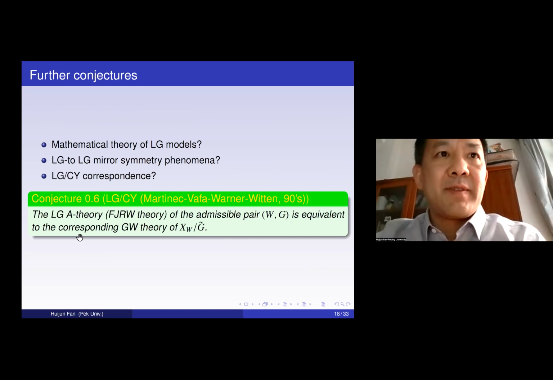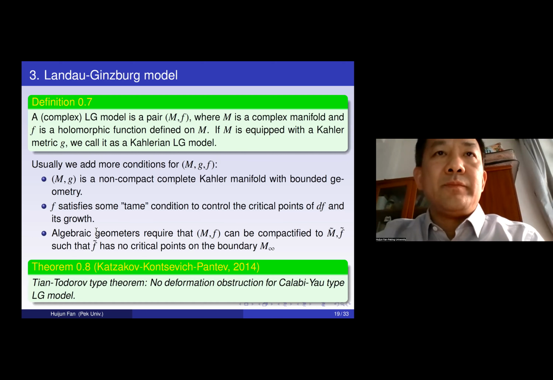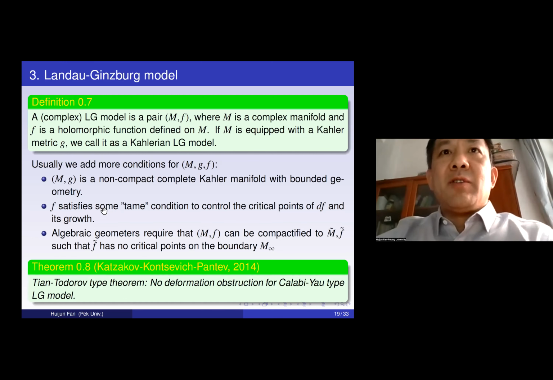The conjecture says the LG A theory of the admissible pair (W, G) is equivalent to the corresponding Gromov-Witten theory of X_W quotient G tilde. Now we understand the LG A theory is just the FJRW theory.